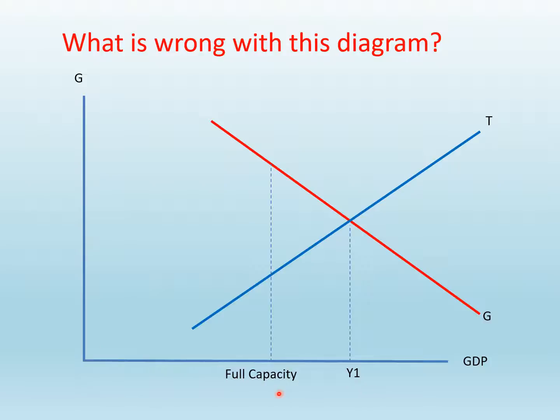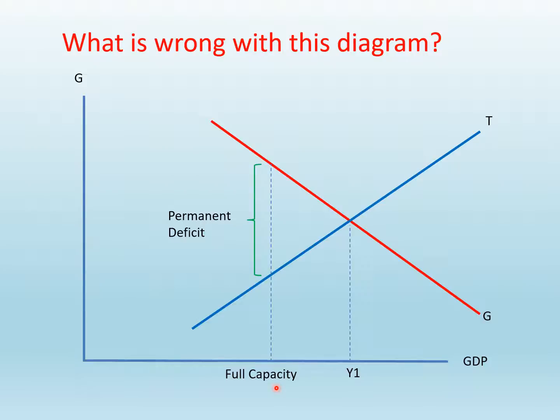They couldn't, in the short term, achieve a level of Y1 in order to run a balanced budget, and they certainly couldn't achieve growth rates which could put them to the right of Y1 and actually achieve budget surpluses. So what was happening in the real world prior to the financial crisis is that many, if not most, governments in the world were running budget deficits at a point of full capacity.